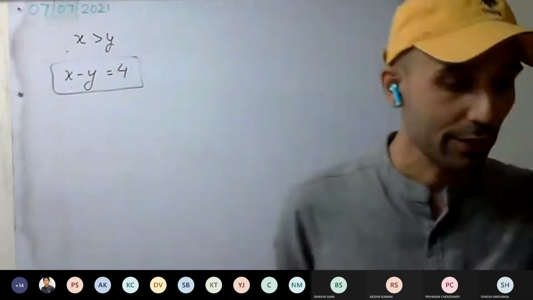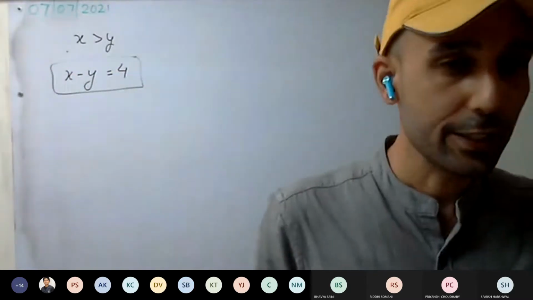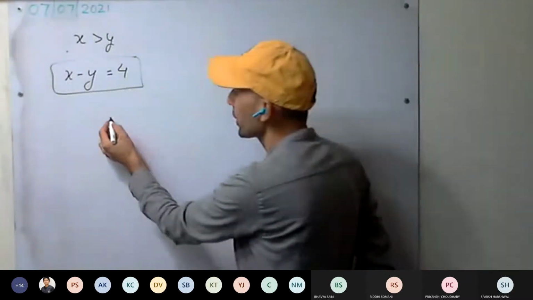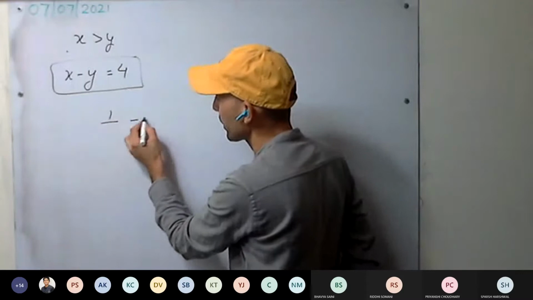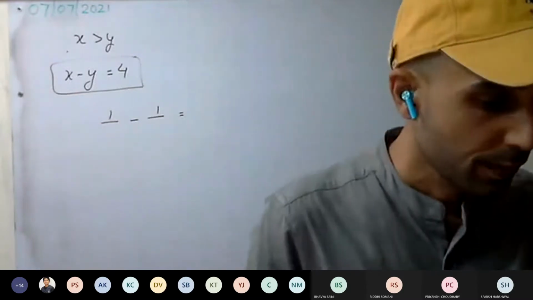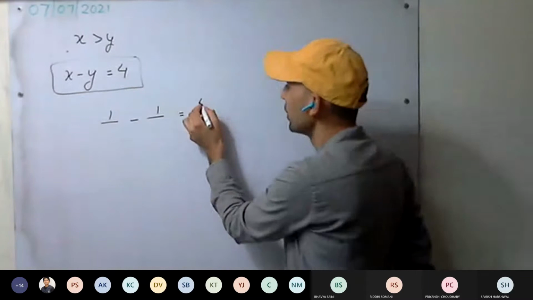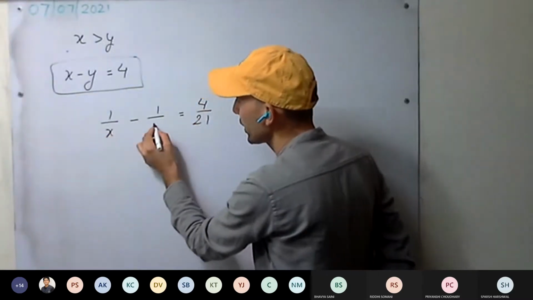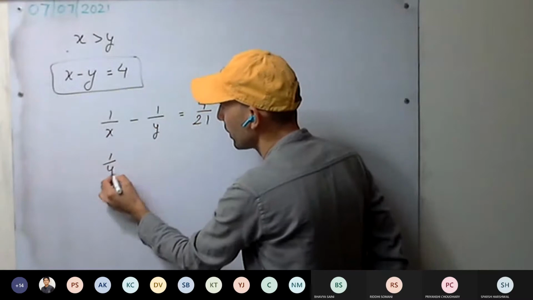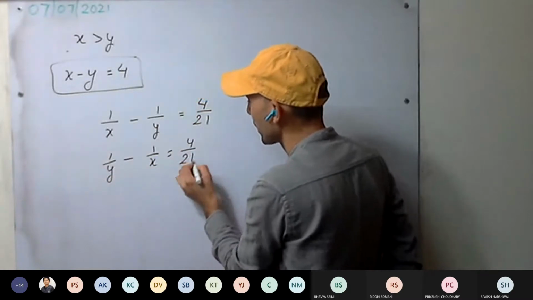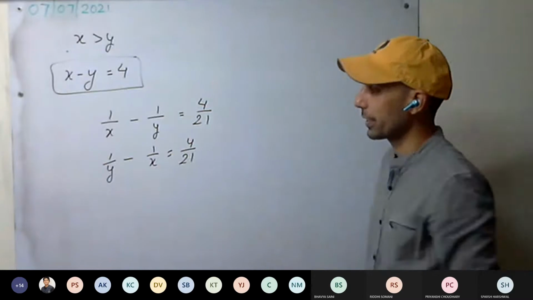Now for the second equation, the difference between their reciprocals: 1 by something minus 1 by something equals 4 by 21. I'm writing two equations here. Tell me which one is correct.